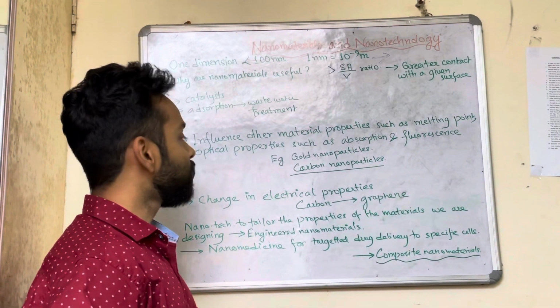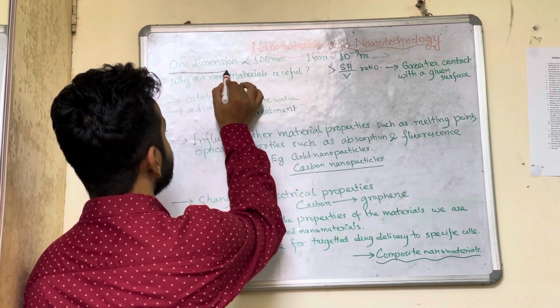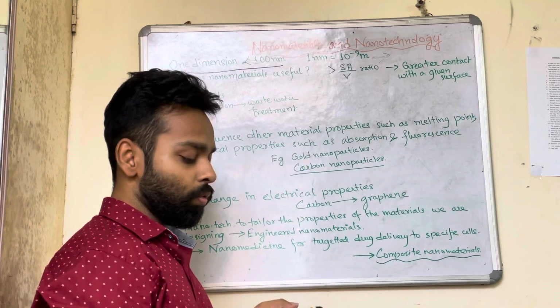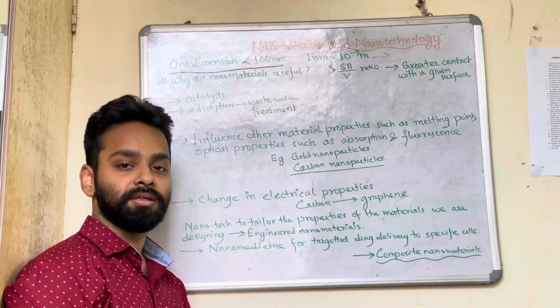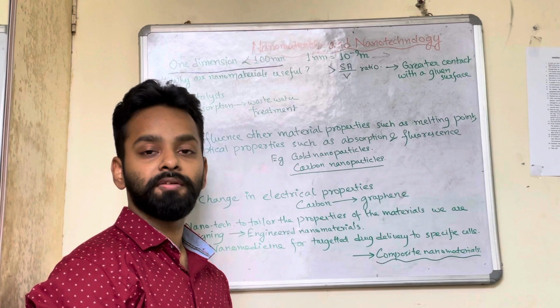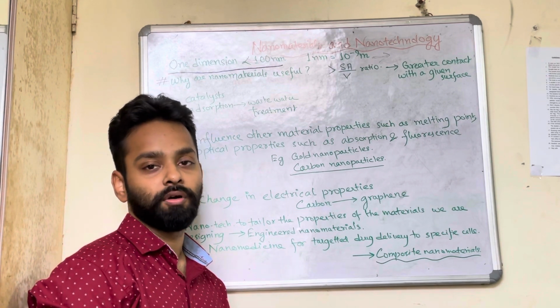Nanomaterials are the materials which have one dimension which is less than 100 nanometers. 1 nanometer corresponds to 10 to the power minus 9 meters. In order to visualize such materials, often the conventional light microscope falls short.